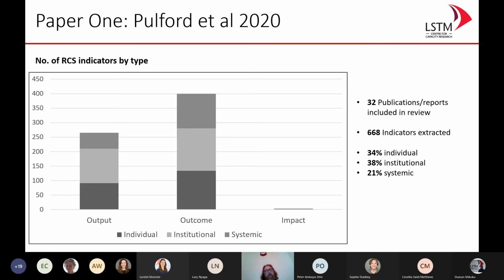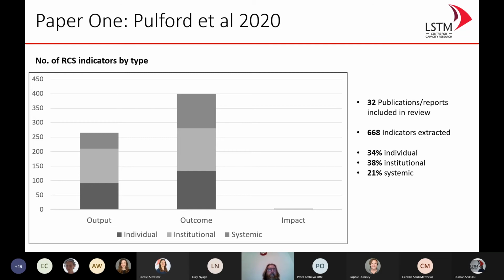This graph here captures the types of indicators that we found. Of the 668, just over 250 were output indicators. Exactly 400 of them were outcome indicators, and I think maybe 3 or 4 of them were impact indicators. So the first message there is that there are very few impact indicators, primarily outcome indicators, reported in the literature.